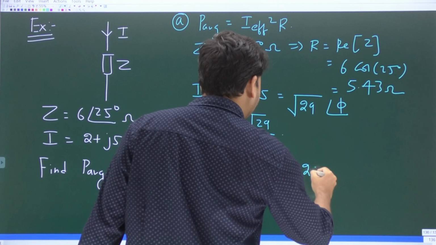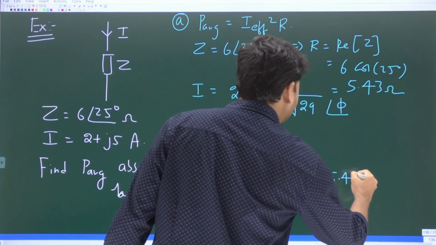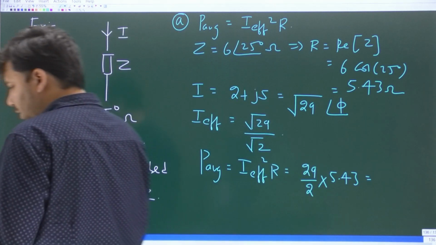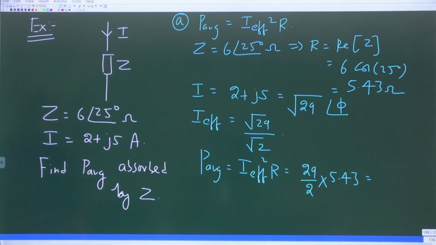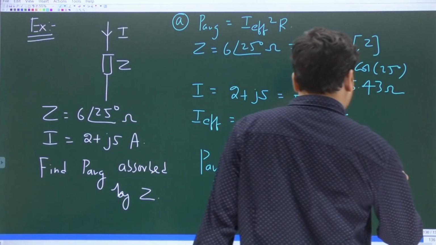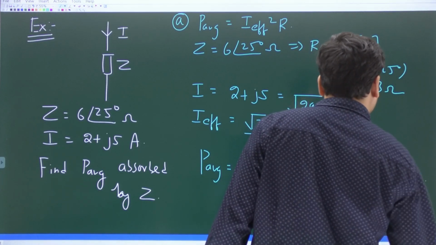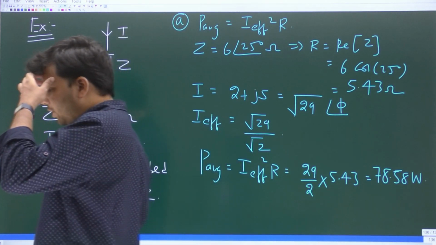When you square it, you will get 29 by 2 into 5.43. Someone please tell me the value of this. Okay, 78.58. I hope the method is clear. 78.58 watts. That is the average power absorbed by this impedance.